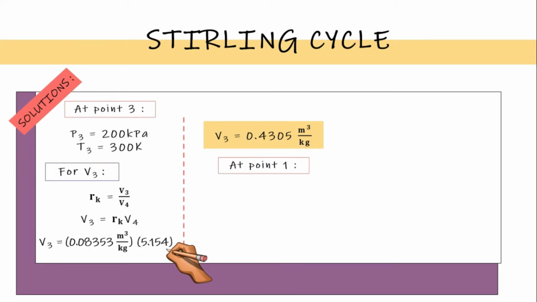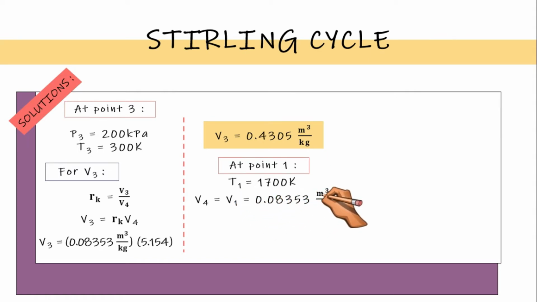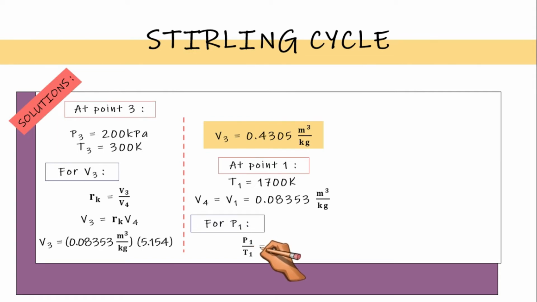Now, at point 1, we have T1 is equal to 1700 Kelvin. V4 is equal to V1, right? So, V1 is also equal to 0.08353 cubic meter per kilogram. Now, for P1, we have P1 over T1 is equal to P4 over T4.